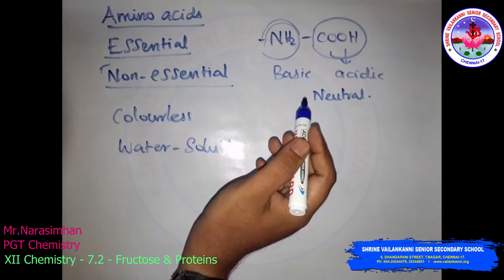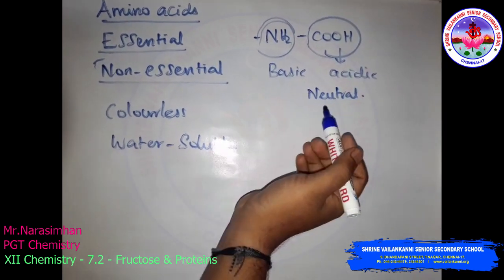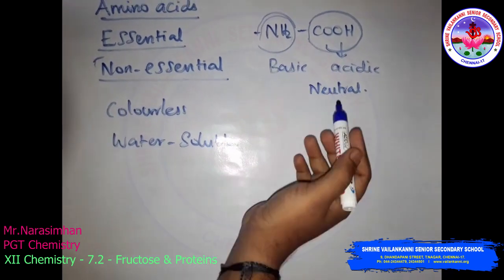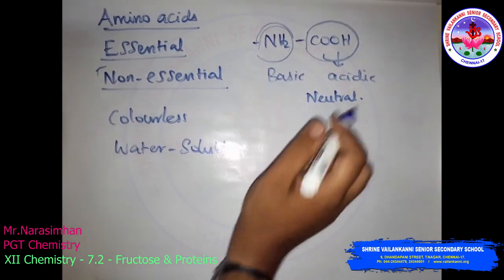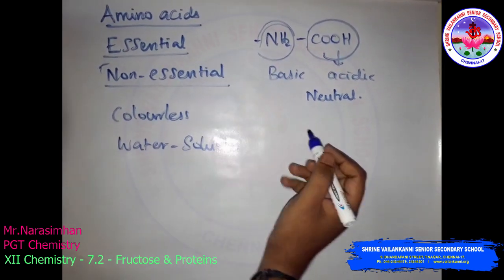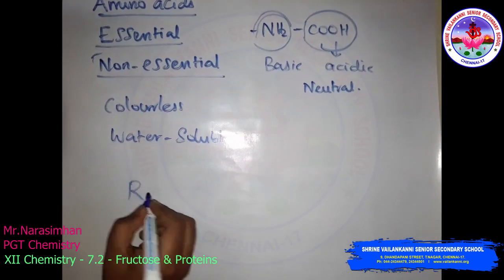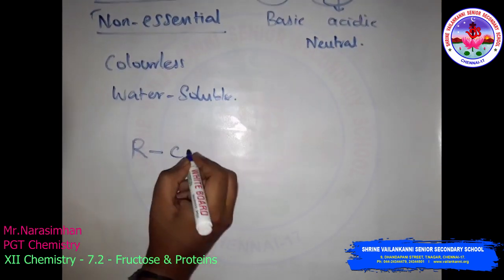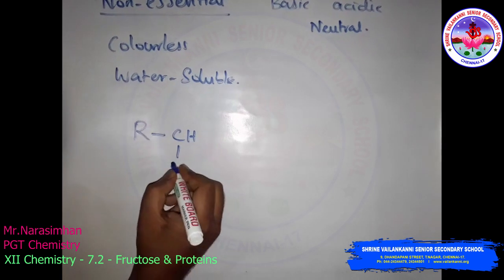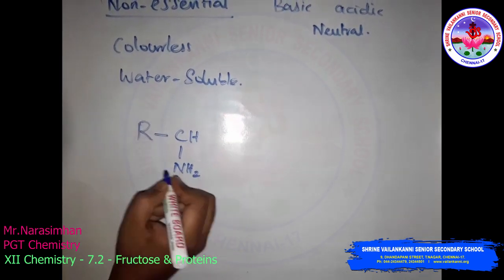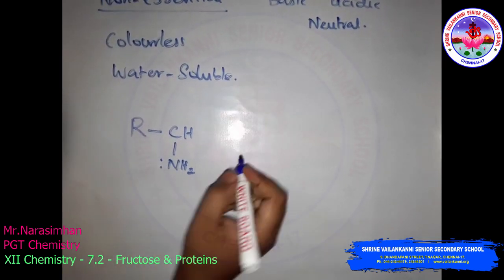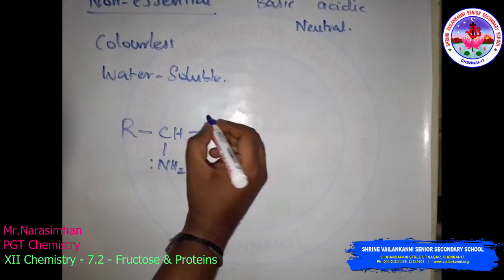The carboxyl group can lose one proton, and the amino group can accept one proton, giving rise to a dipolar ion called a Zwitter ion. For example, I will write here RCH, NH2 having a lone pair of electrons, and the COOH.